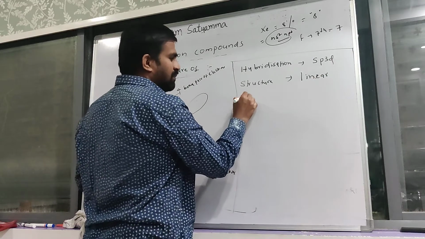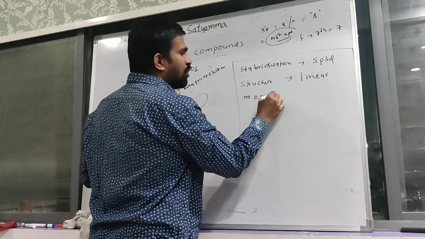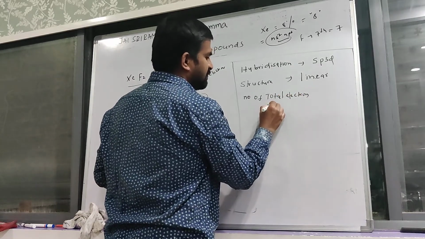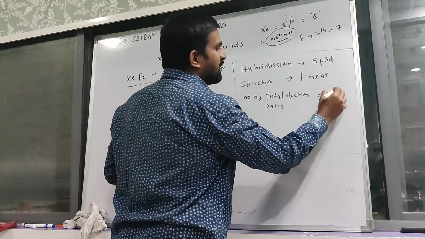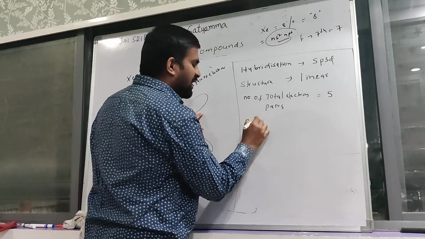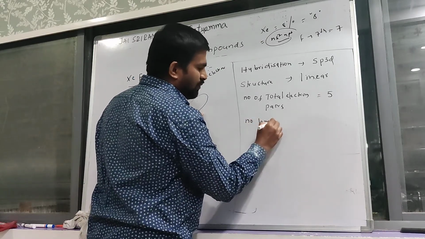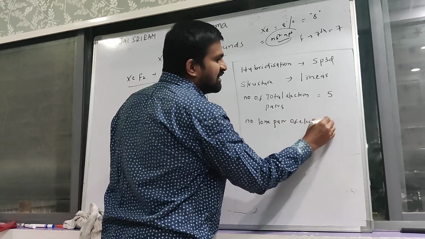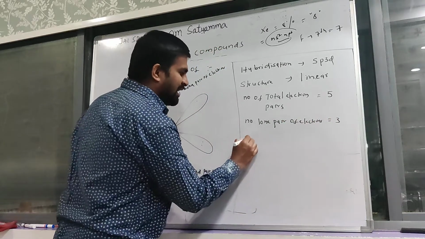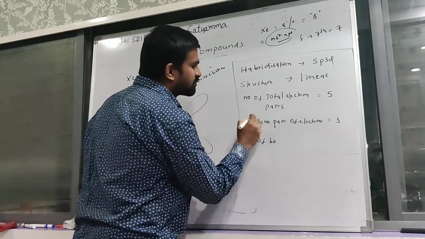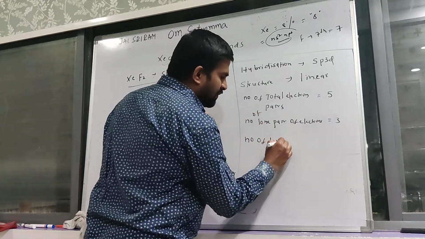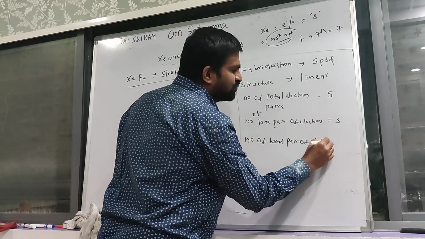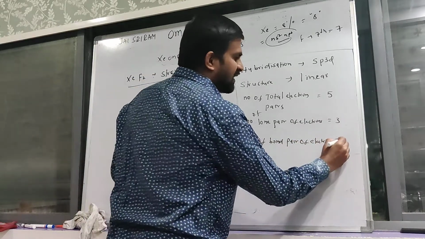The total number of electron pairs is equal to 5. Number of lone pairs of electrons is equal to 3. Number of bond pairs of electrons is 2.